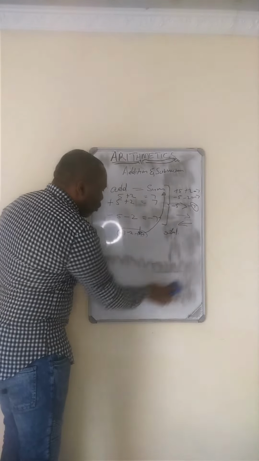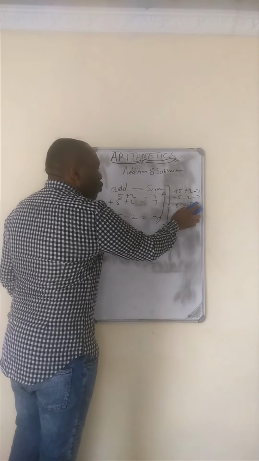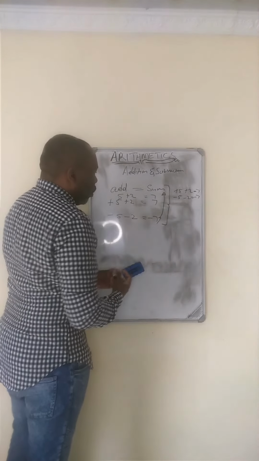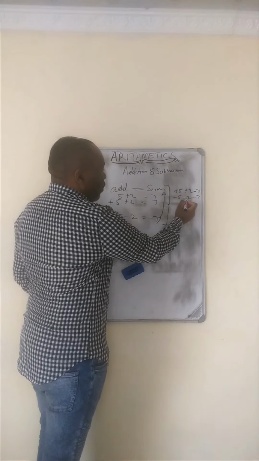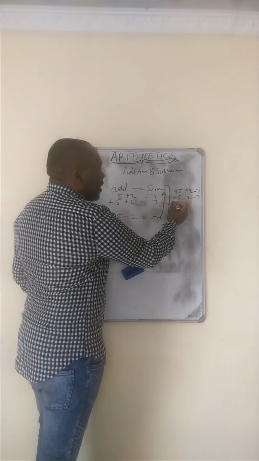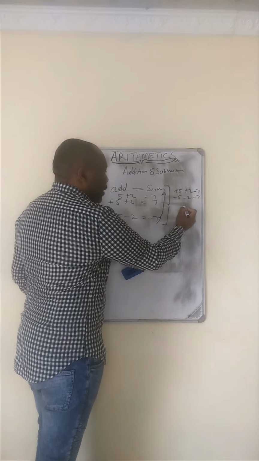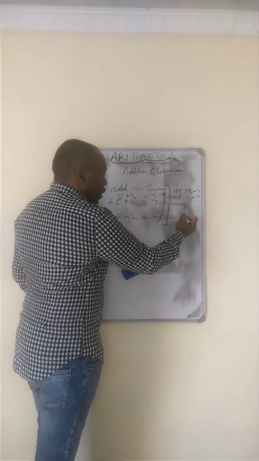Why are we adding when we have two negatives? Because if you look, what we do, we say -5 - 2 is a -7. So what we're basically saying, if the signs are the same, we add the numbers. 5 + 2 is a 7. 5 + 2 is a 7.